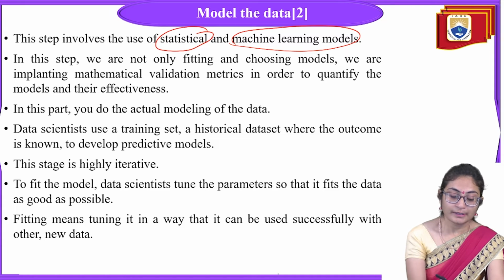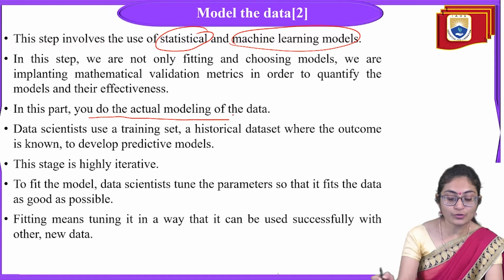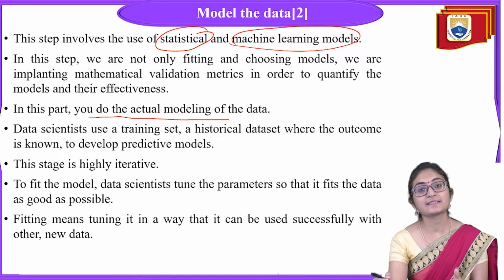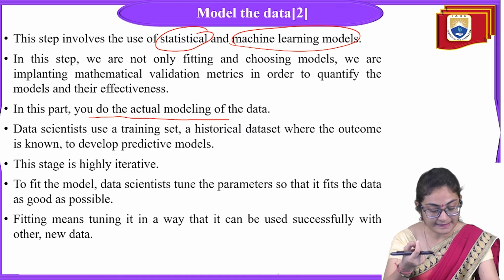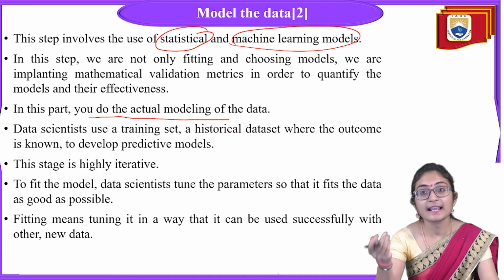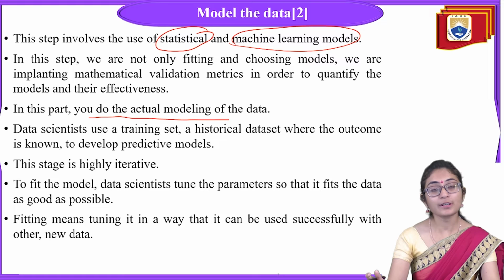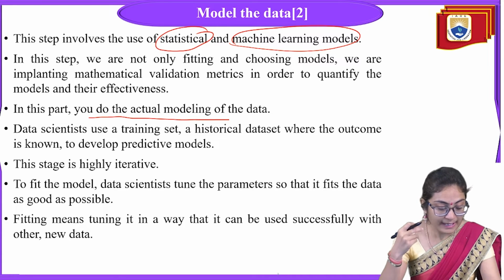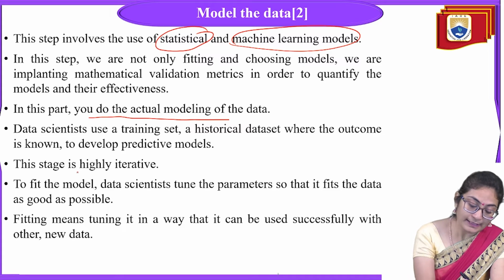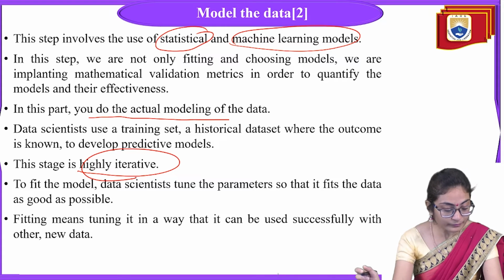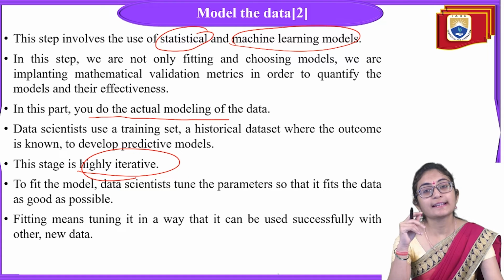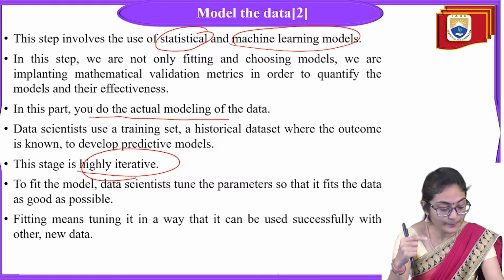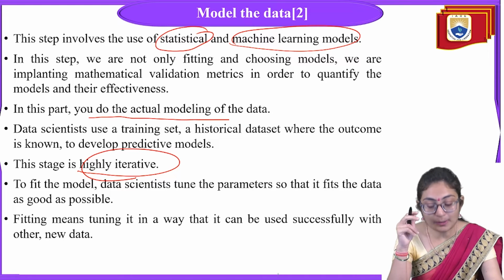In this part, you do the actual modeling of the data, and data scientists use training data sets, historical data sets where the outcome is known, to develop predictive models. This stage is very iterative. To fit the model, data scientists tune the parameters so it fits the data as well as possible.